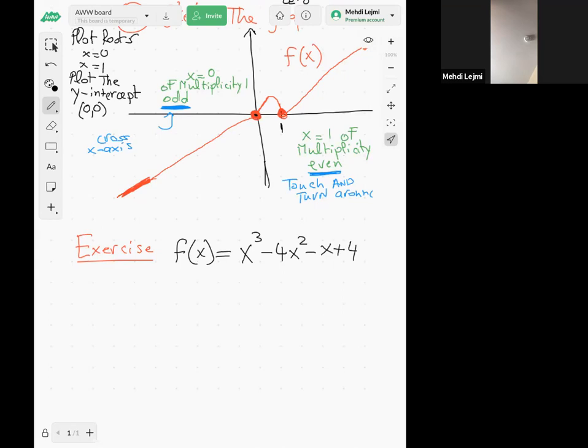So please, guys, first determine the behavior at infinity.